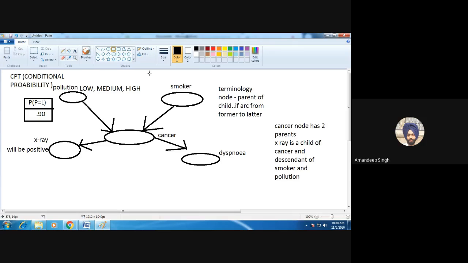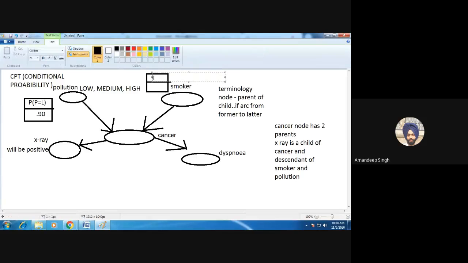For the smoking node, again you need to draw the box here, then you have the probability of smoking equal to true.